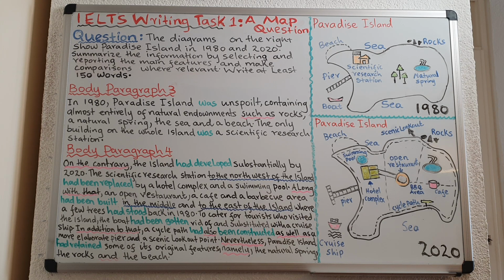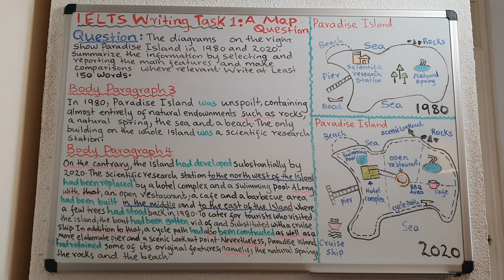Or rather, what the island looked like in 2020 compared to 1980. So body paragraph 4, first we are going to report about the main features, and secondly we are going to compare. We are going to identify the differences between the islands.